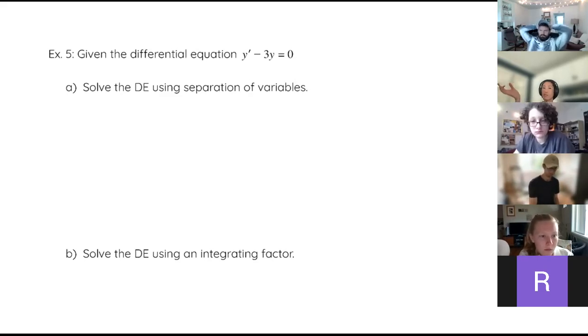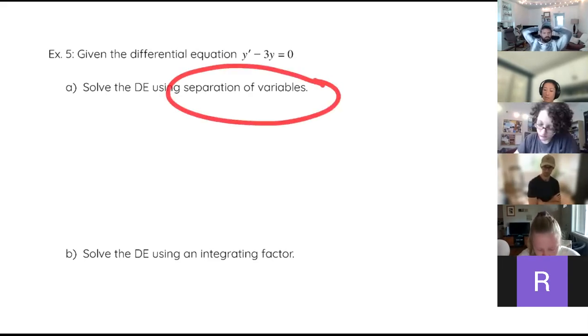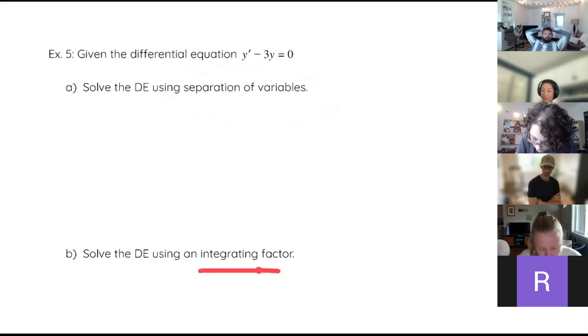What if we use an integrating factor? We know that we should get the same answer. And so this could be a good exercise for you to try on your own to make sure you've got both methods pretty down pat, okay? I feel we're pretty good with the separation of variables. So once you know that answer, using the integrating factor, you should get the same answer, okay?